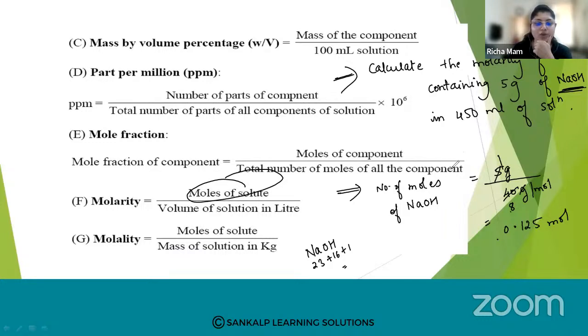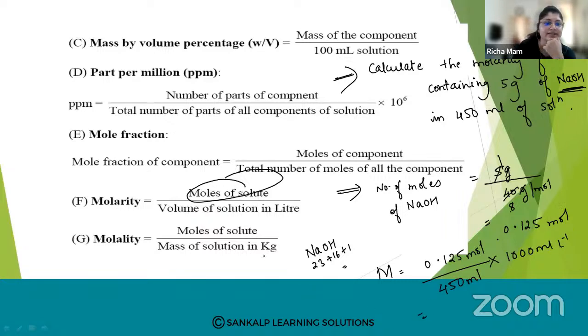Now we'll put the formula. Molarity is equal to number of moles, which is 0.125, over the volume of the given solution, which is 450. Now we know that if the volume is expressed in ml, we have to multiply it by 1000. So this is mole, this is ml, this is ml per liter. ML and ML will get cancelled.